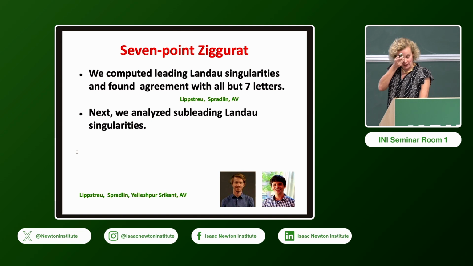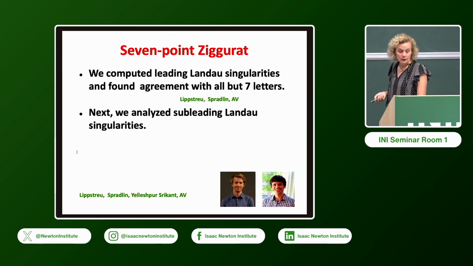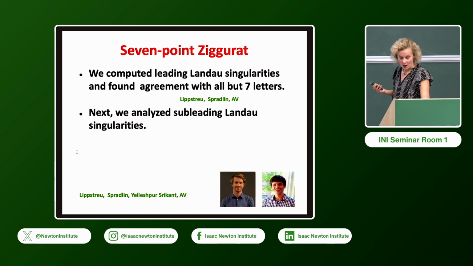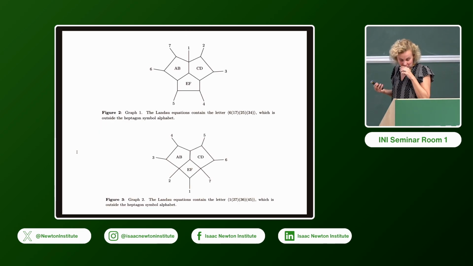And we were starting to find interesting things. We were finding agreements. So we found all but 7 letters. So then Akshay joined, and then we looked at the leading Landau singularity and the subleading Landau singularity, where one of the alphas is 0.